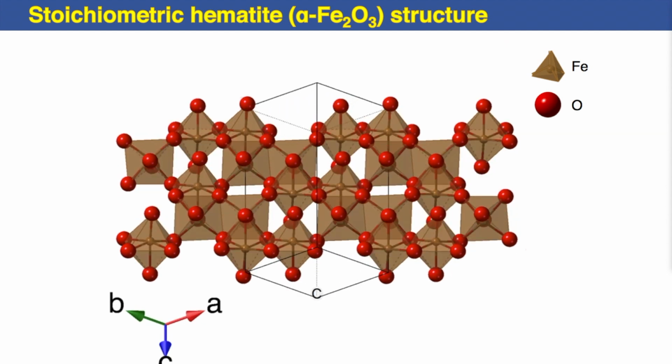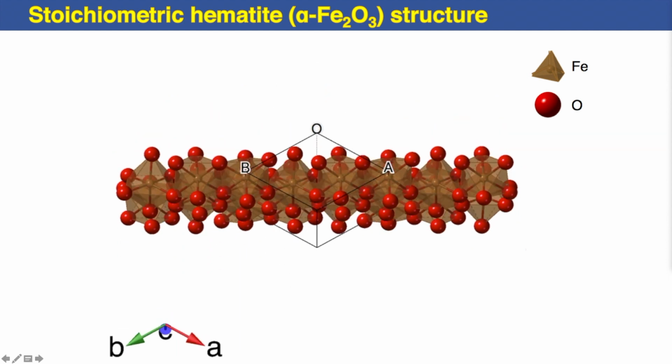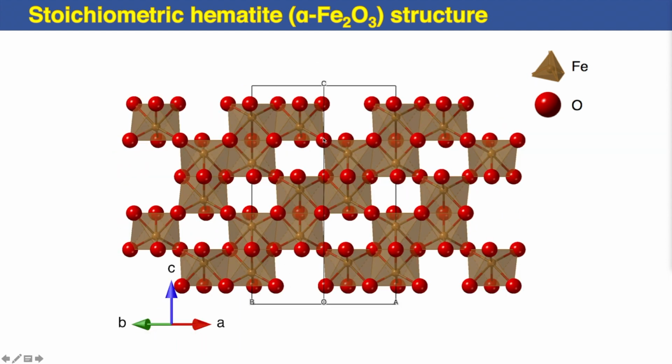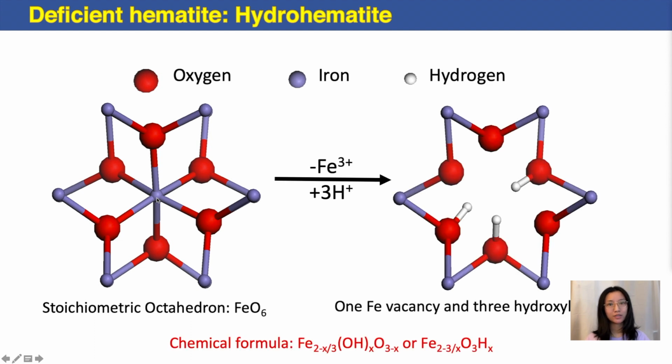The hematite structure has sheets of oxygen anions which are hexagonally close packed, and the iron fills 2/3 of octahedral sites. Here is an iron octahedron where iron sits in the center. Hematite can accommodate a small concentration of hydroxyl through the substitution of iron 3+ by 3 protons.